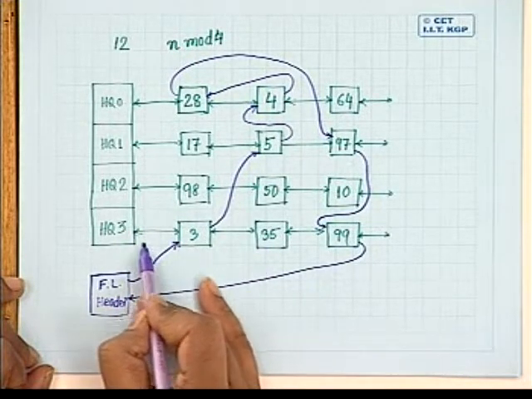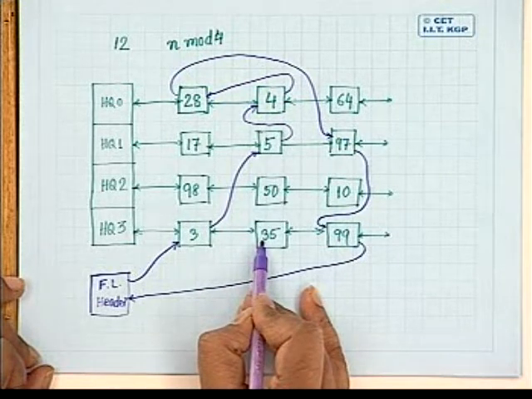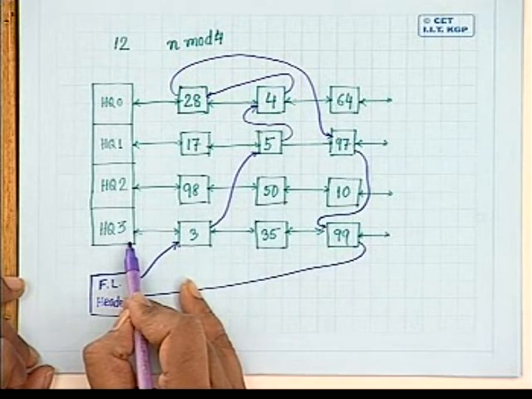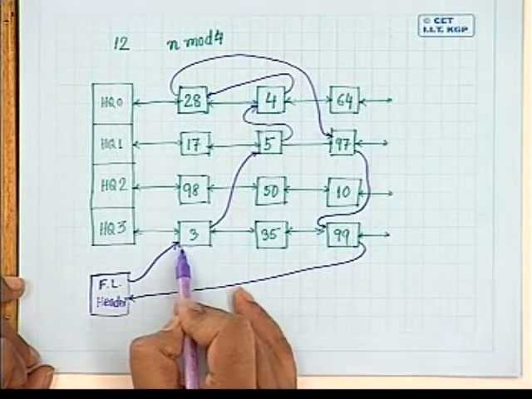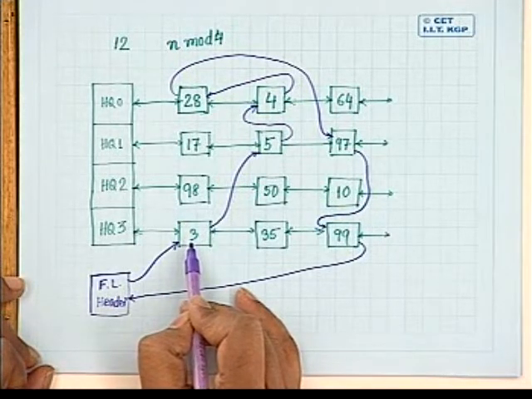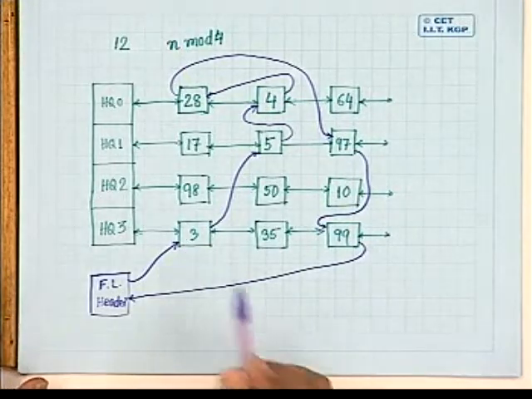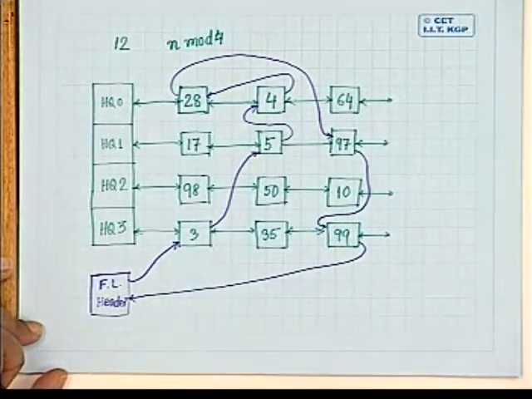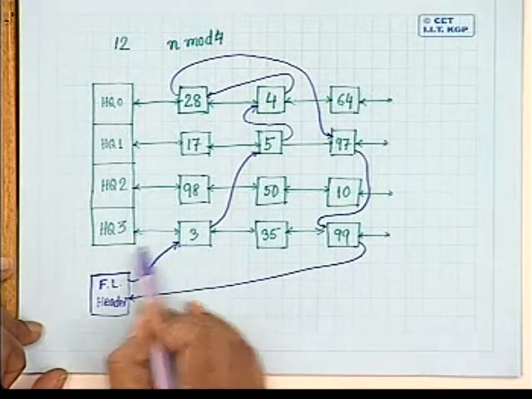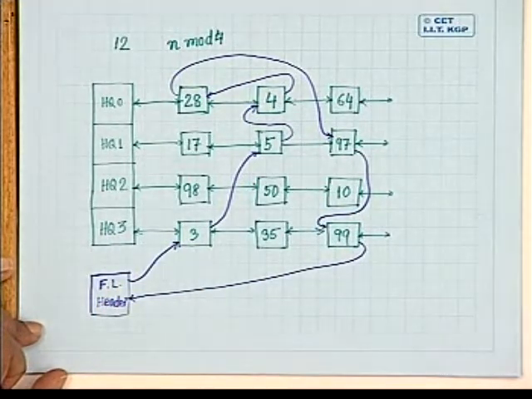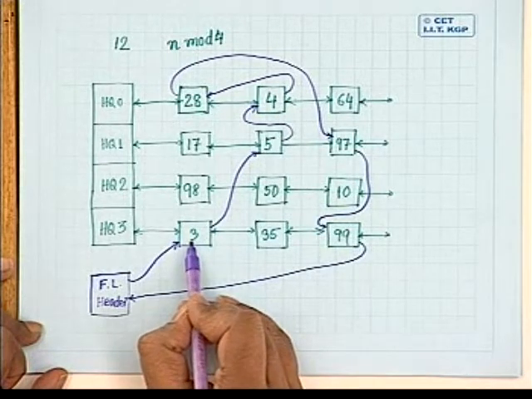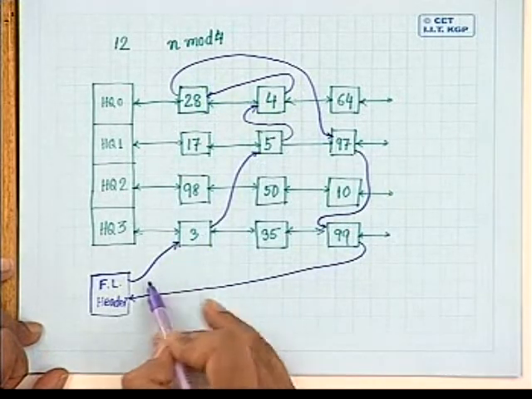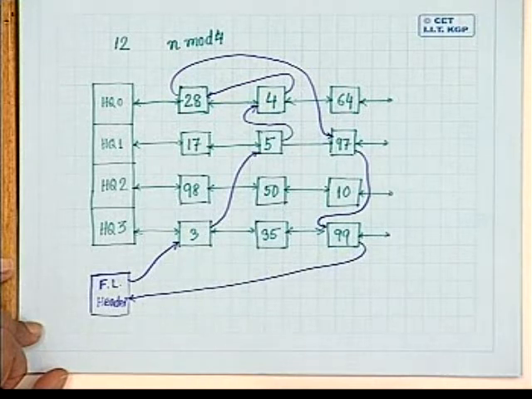The backward pointer of block number 35 has to point to header queue 3, and the pointers of block number 3 have to be set to null. Simply that is what we have to do to take it out of the free list, or if I want to take it out of the hash queue also. So simply by manipulating the pointers, I can place this buffer in any of the hash queues, I can put it into the free list, or I can even take it out of the free list.